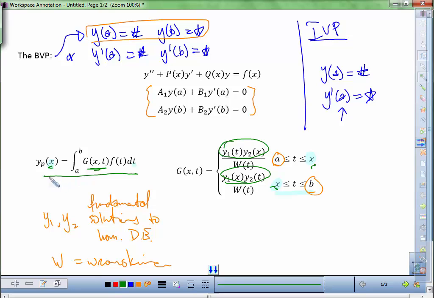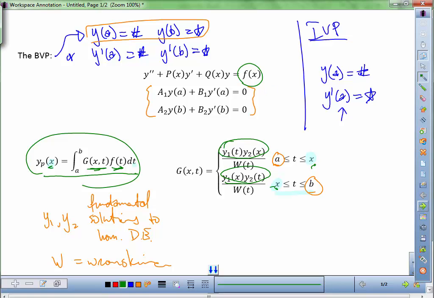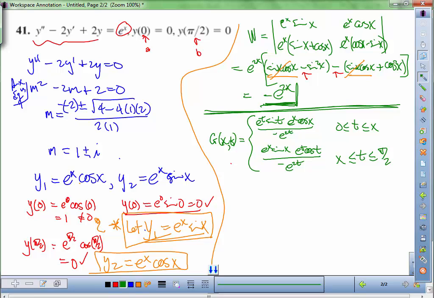Okay, so this is what we want. We want to integrate that. Not only Green's function, but we have to integrate it with f of t in it. So f of t is the non-homogeneous component. Let me write the integral first. Our y_p then should look like an integral from 0 to 2 pi.